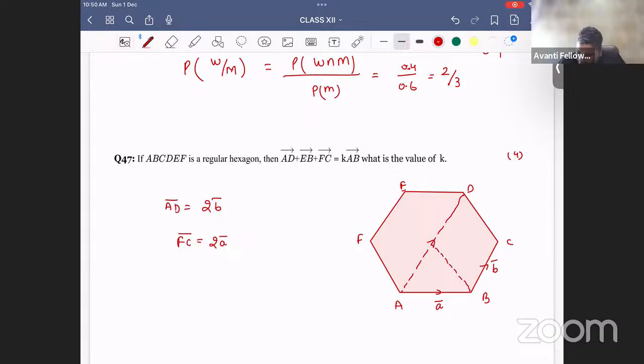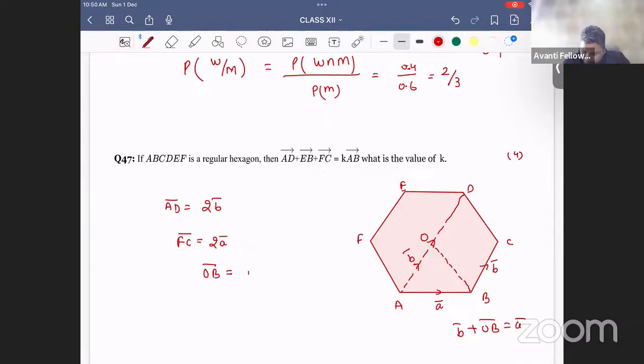this is A, say this is O, OB vector is what? OB vector, this is B. So B plus OB is vector A. Got it?